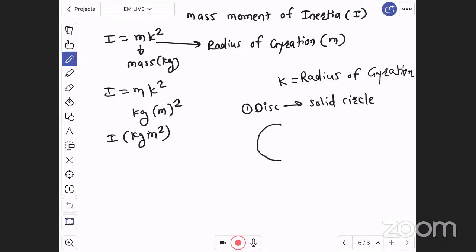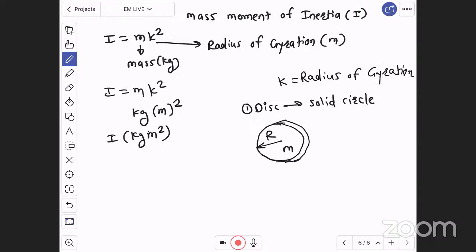Let us say this is a solid circular disk of thickness t, having radius r and mass m.